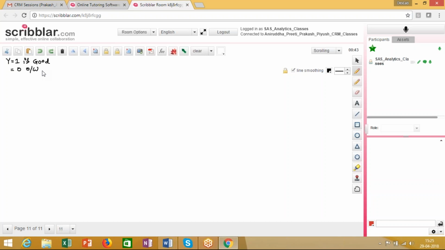Right, so this is what the first condition is. This is what the first criteria is.